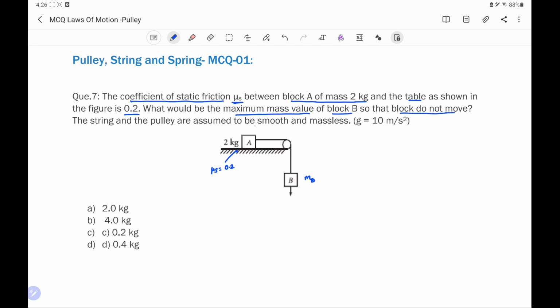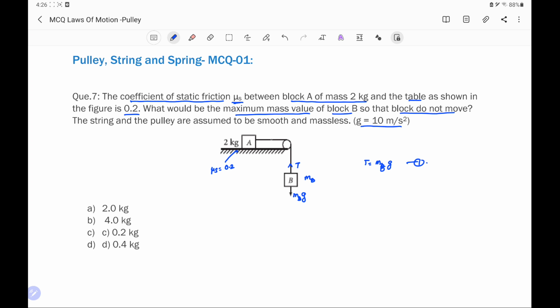The string and pulley are assumed to be smooth and massless, and g is equal to 10 meter per second square. For the rest condition, the weight of block B, which is MBg, will be balanced by the tension in the string. So we can write T equal to MBg. This is equation number 1.